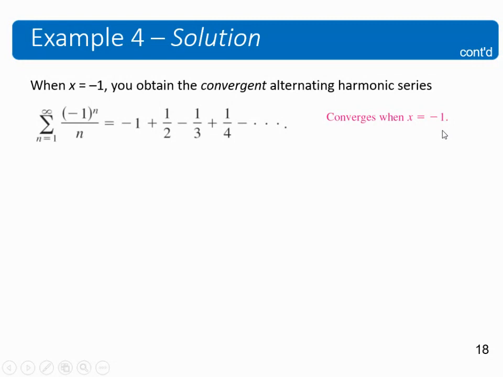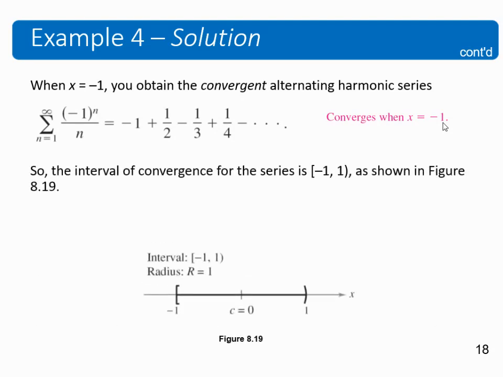And so therefore, when x is equal to -1, it converges. So what is the interval of convergence? It is -1, including -1, to 1, but not including 1. And so this is what it would look like on the number line.